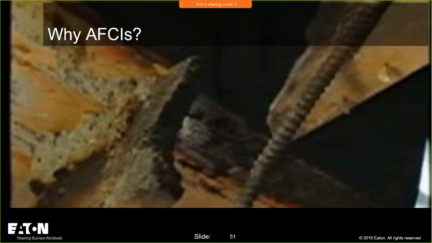So I'm looking for a signature of that AC sine wave that is not considered a normal arc. And then I need to detect that and then trip.